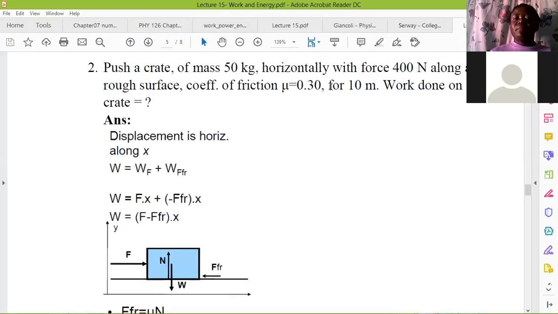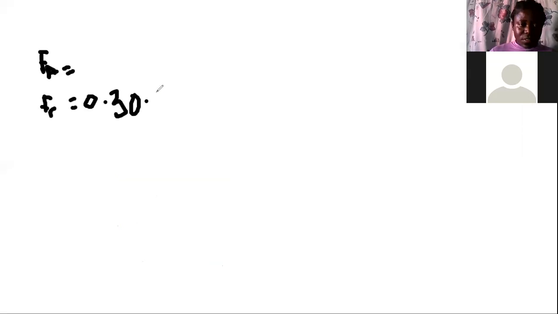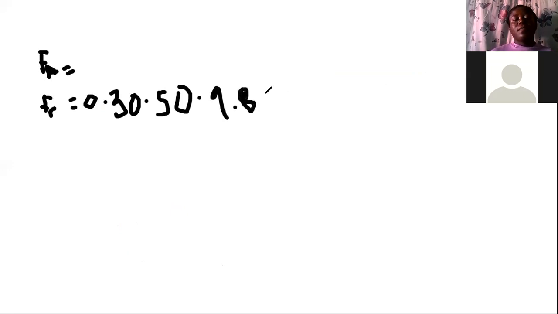So we are given that the mass is 50 kilogram, okay, and the displacement is 10. Okay, so it means this is 50 kilogram times 9.8, or 10, whatever value you use, depending on what you are given, for the gravitational acceleration.